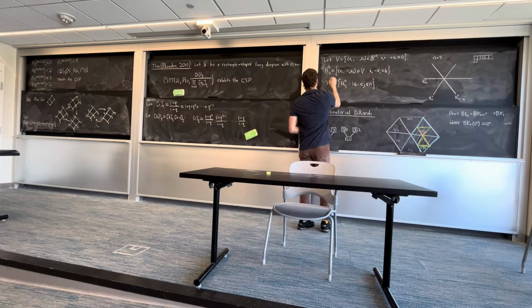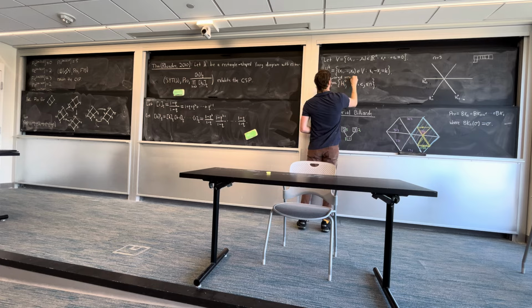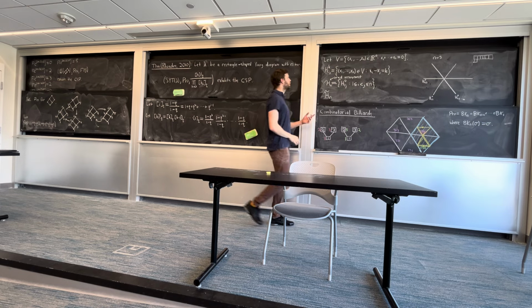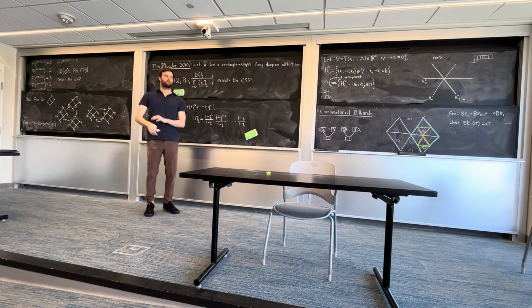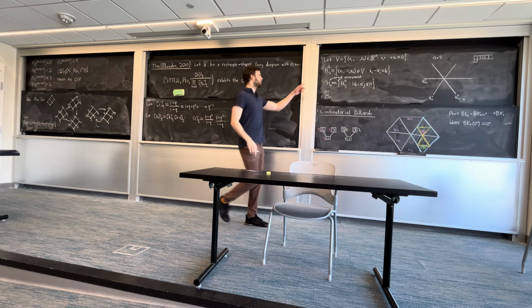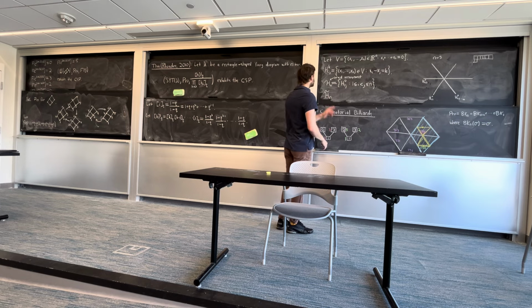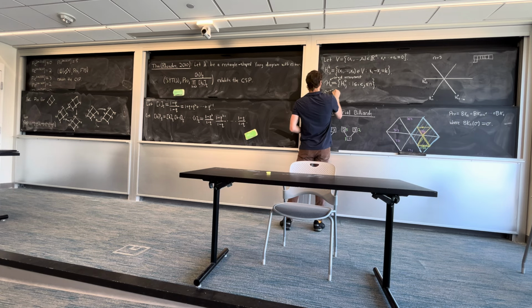So this is the braid arrangement, and it's related to the braid group. Like you've heard about braids in topology and stuff. This is related to that. And then this is the affine braid arrangement.